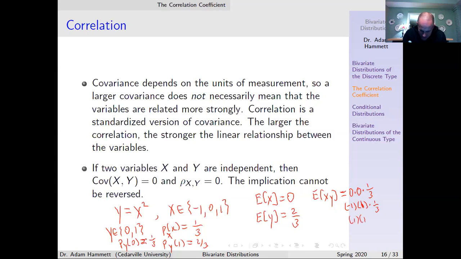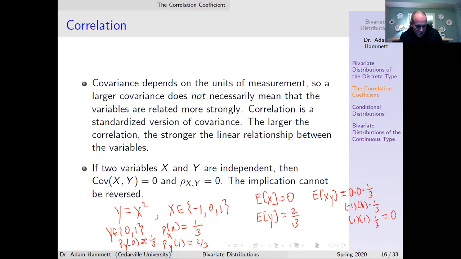Well, then Y is obviously 1, and how often does that happen? Well, that happens with probability 1/3. So what do I get here? Hang on a second. So this should be 1/3. Let me get rid of this. 1/3. There we go. And so this is going to be 0.